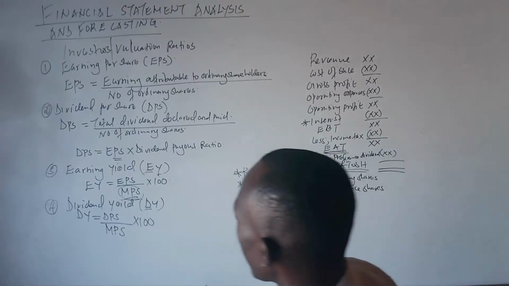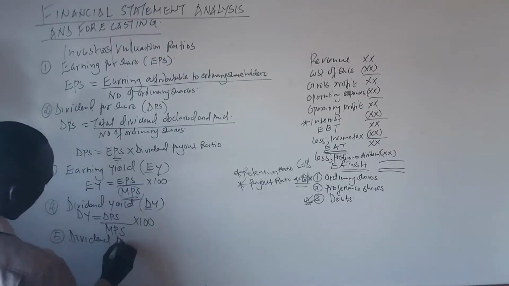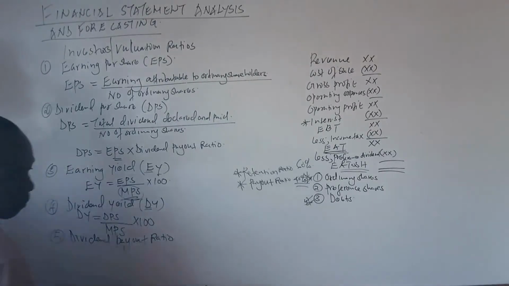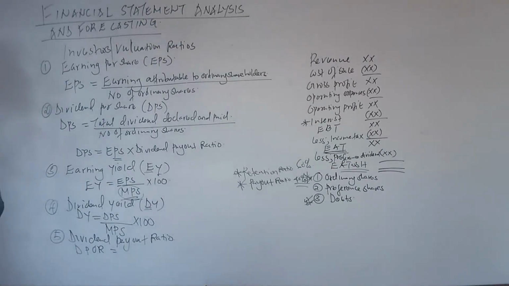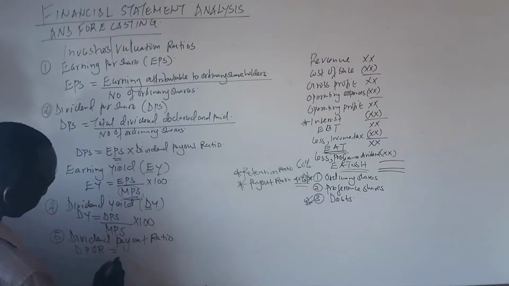So the question arises, how do you get the dividend payout ratio? How do you arrive at it?